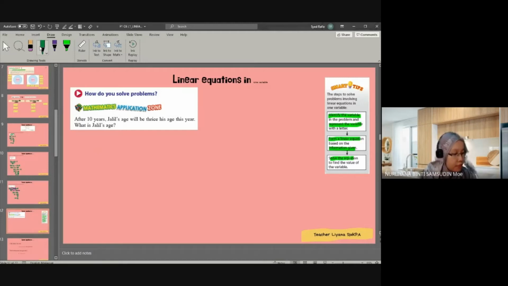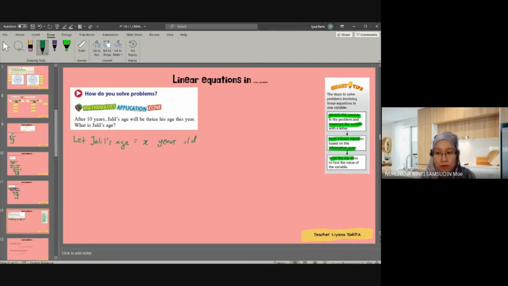After 10 years, Jalil's age is thrice his age this year. So now we don't know Jalil's age. That is our variable. So Jalil's age is x years old.